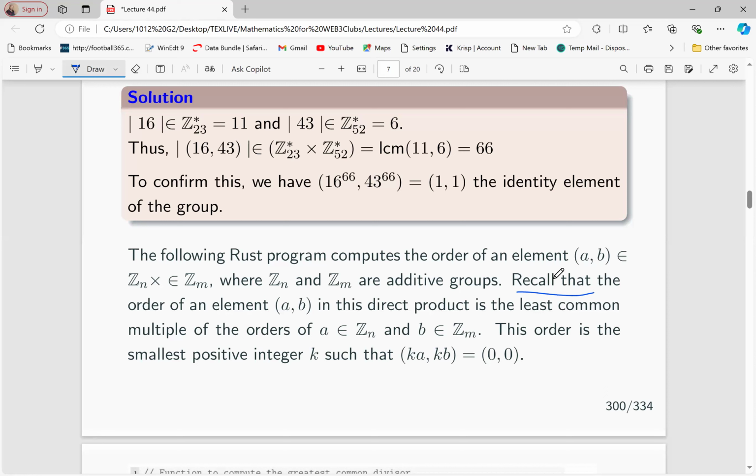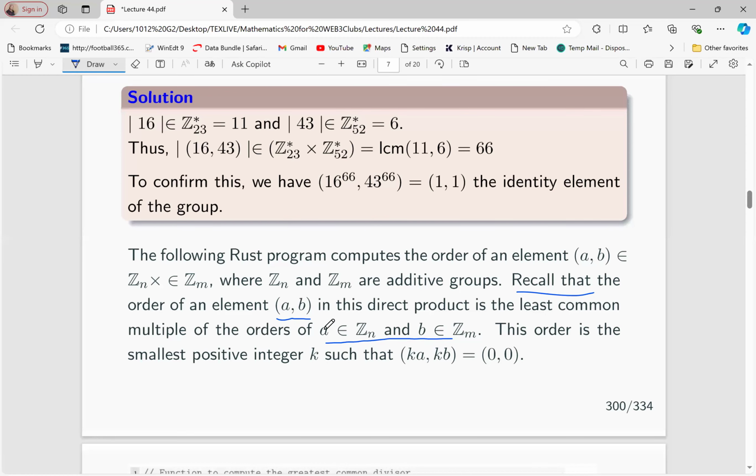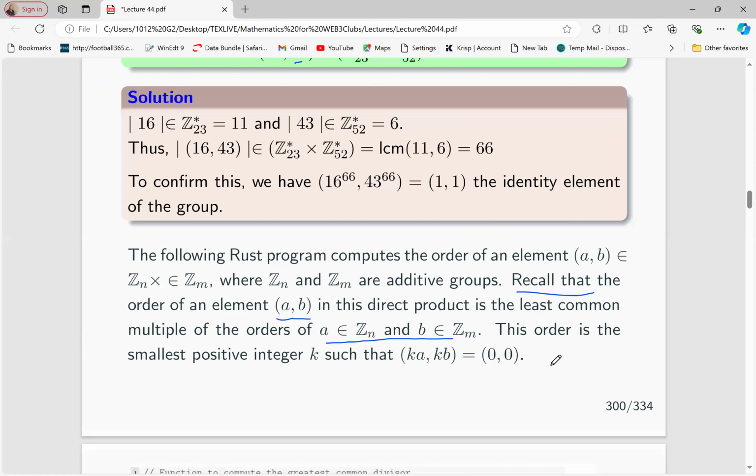I began by saying, recall that the order of this element is the least common multiple of the orders of A and B. So that is the method I'm going to use. In other words, it is the smallest K which, when multiplied by A and B, gives us 0, 0.